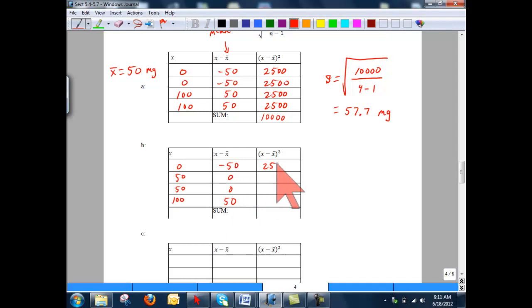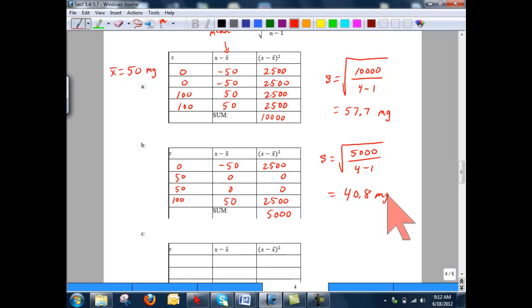So when I square, 2500, 0, 0, 2500. And for a sum, this is 5000. So the standard deviation then works out to be 5000 divided by 4 minus 1, which is 40.8 milligrams.